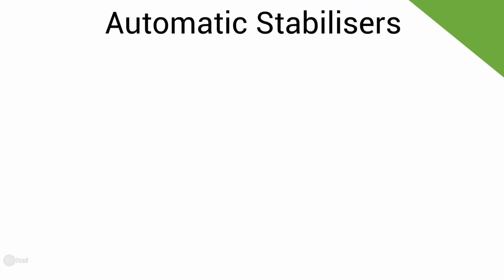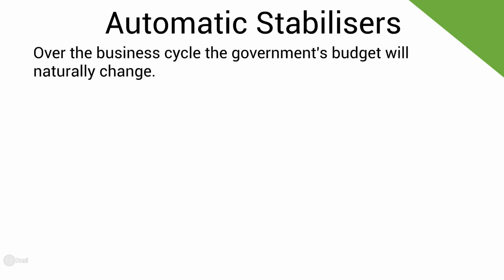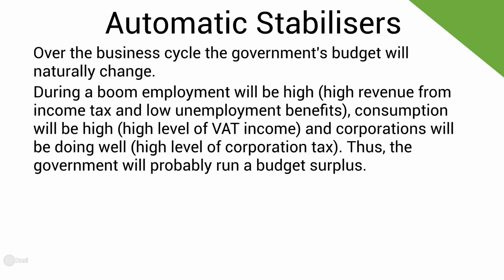This brings us on to automatic stabilisers. Over the business cycle, the government's budget will naturally change. During a boom period, employment will be high, which means there'll be a high amount of income tax and a low amount of unemployment benefits going out. Consumption would also be high, which means a high level of VAT, and corporations will be doing well, which means a high level of corporation tax.